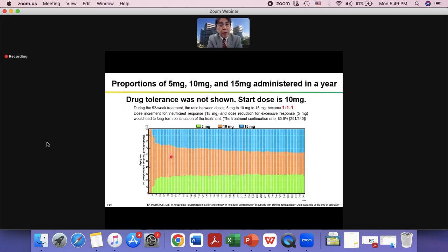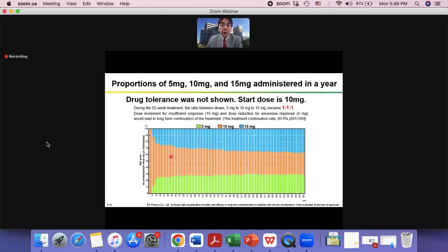And Elobixibat is available in 5 milligram, 10 milligram, and 15 milligram, three dosages. The proportion of the three-dose administration in a year is shown here. The patients first took 10 milligram Elobixibat and were allowed to take 5, 10, or 15 milligram according to their condition.